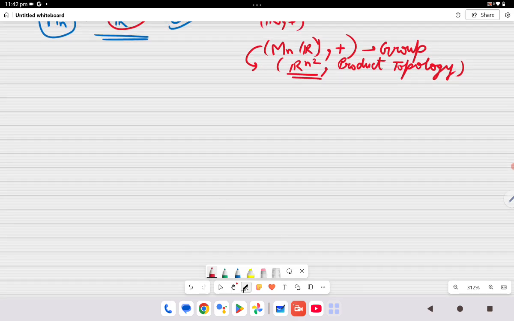ठीक है, when I identify it with Rn². Okay, now I need to look at the continuity of the multiplication map.